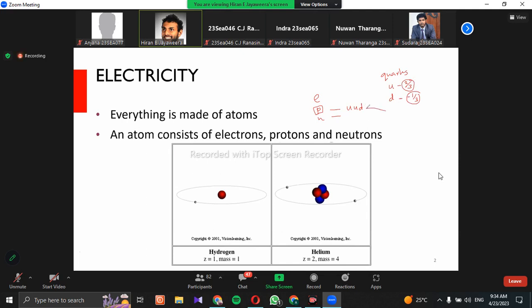So can you find the charge of the proton considering these up quarks and down quarks? It has 2 up quarks and 1 down quark. Can you find the charge?